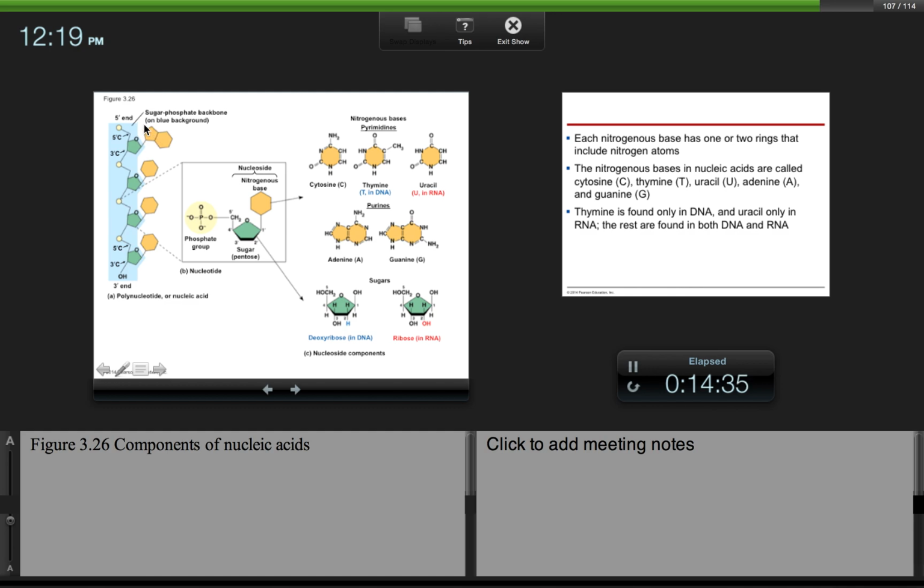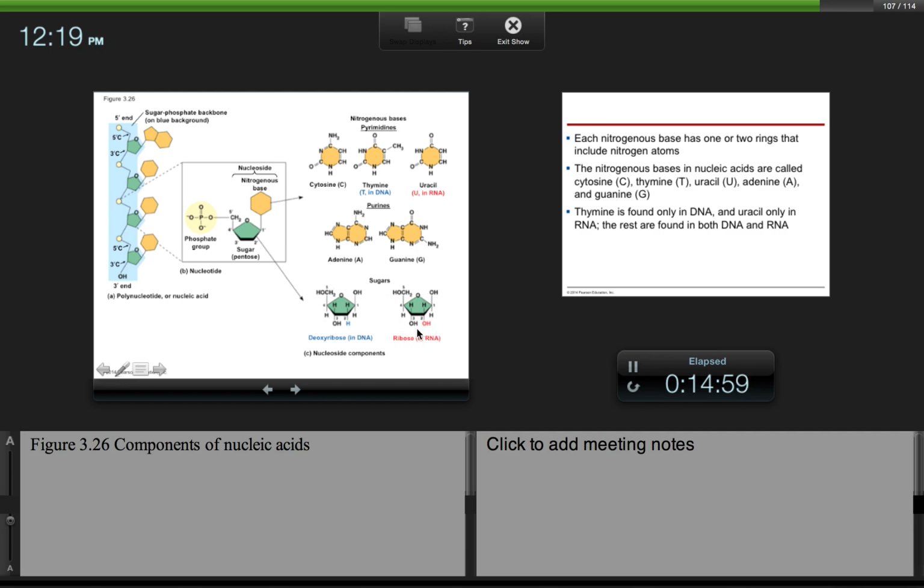And then in the middle, you have the nitrogenous bases, which consist of your pyrimidines, cytosine, thymine, and uracil, and your purines, which notice are double rings, adenine and guanine. If we are talking DNA, DNA has deoxyribose.